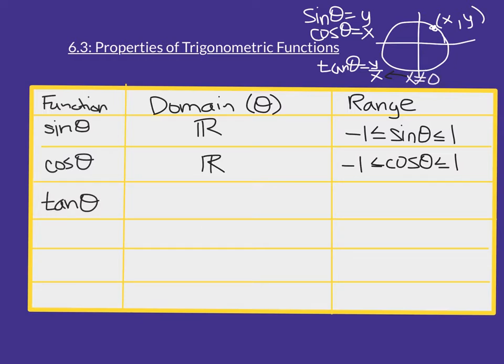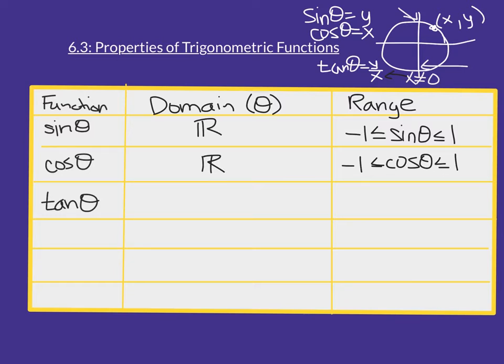So what we're going to get is that we are going to eliminate any theta value that gives us an x of 0 on the unit circle. So for example, if my theta is 90 degrees, if it's pi over 2 right here, that gives me a 0 x value. So I cannot have pi over 2. Same thing happens if it's 270, 3 pi over 2, that also gives me a 0 x value.